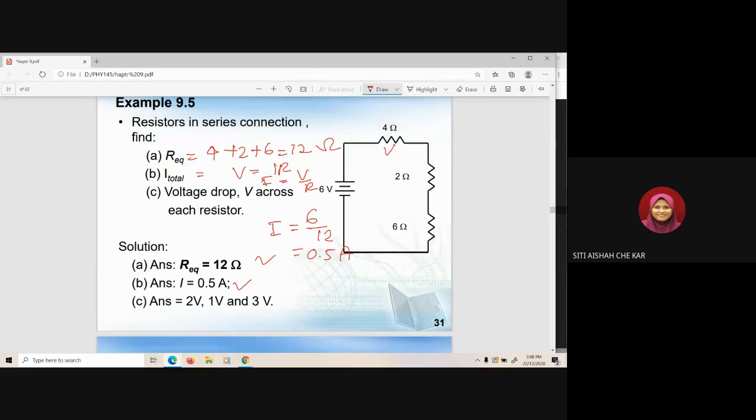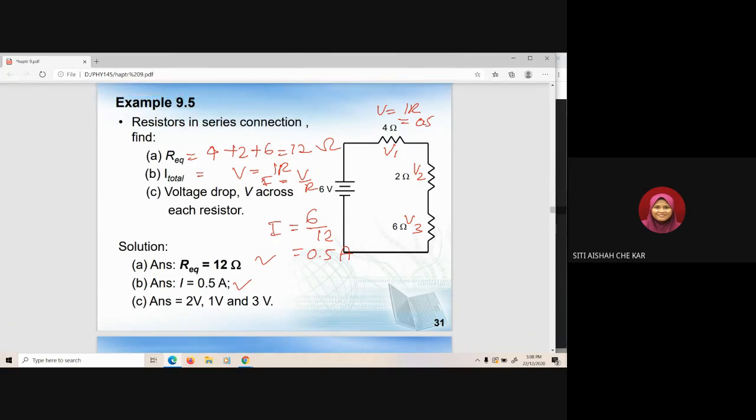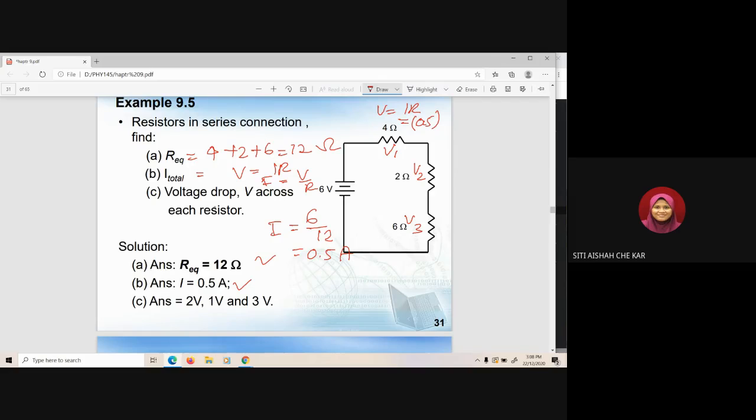Okay, voltage drop across each resistor. So we want to know what is the V1 here, what is the V2 here, and what is the V3 here. We can use the same formula, which is V equals IR. So I we get 0.5, but R for V1 is 4, so we will get 2 volt.